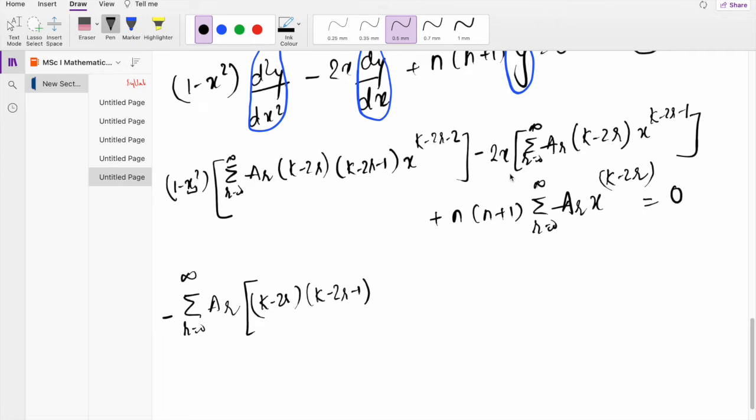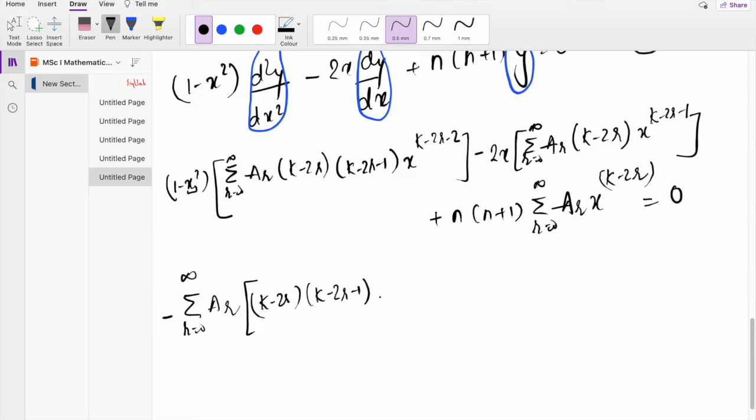If I see this term, and multiply x to this factor x to the power k minus 1, this will again give me k minus 2r. So I know this second term will give me x to the power k minus 2r. This is negative, I just took the negative common.